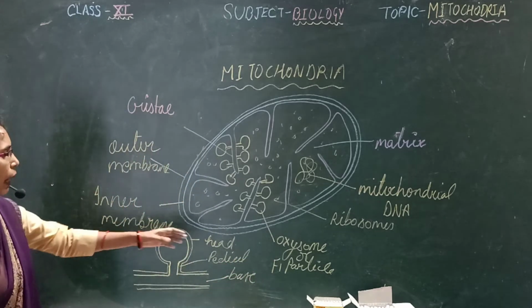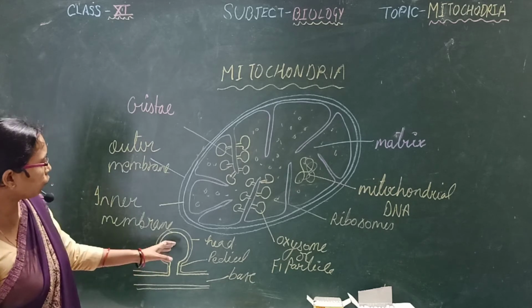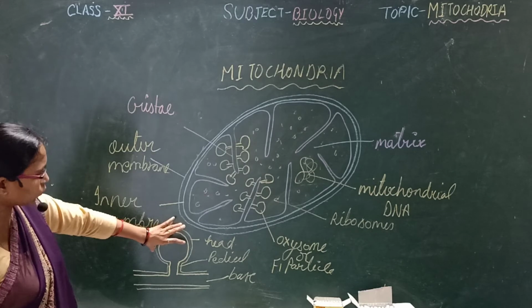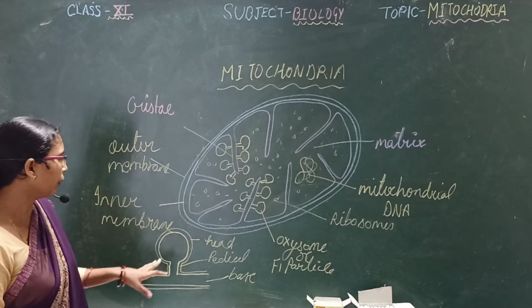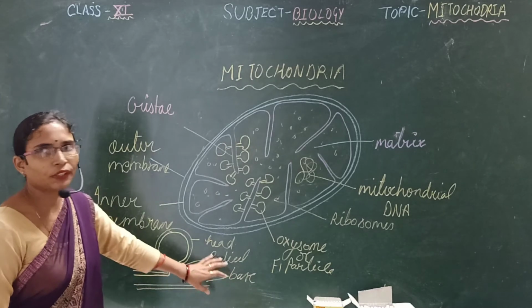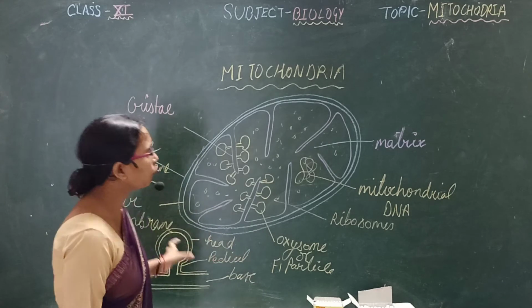Okay, the F1 particle is divided into three parts. The first one is the head part, the upper part, which is circular in form, and this is the pedicel, and this one is the base. Okay, this structure represents the oxysome or F1 particle.